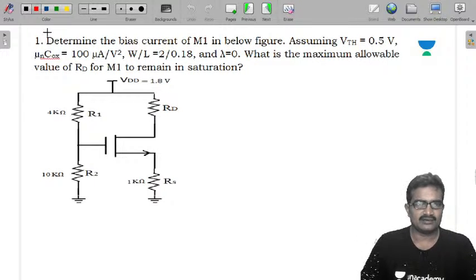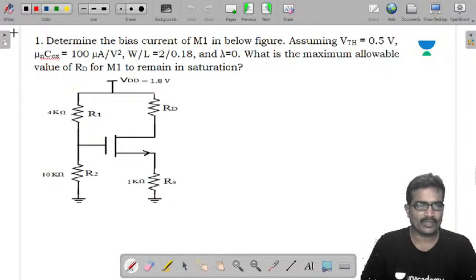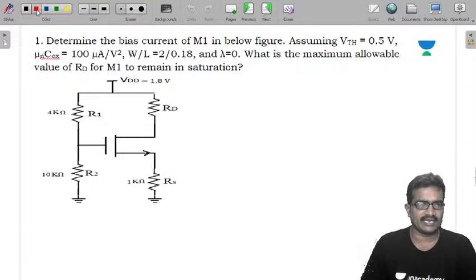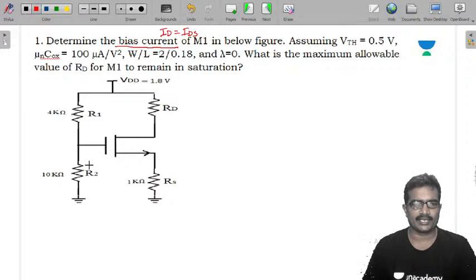First you need to calculate the bias current. Bias current is nothing but the drain current, ID or IDS, you need to calculate. They are saying M1 remains in saturation. M1 is in saturation region. So once M1 is in saturation, you need to calculate IDS.